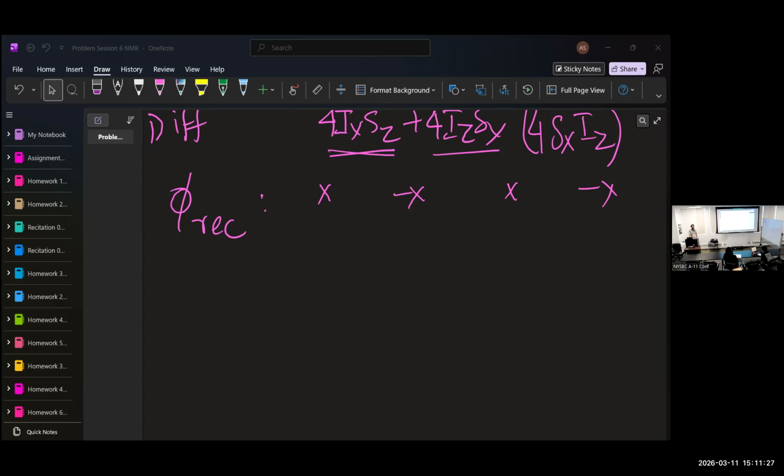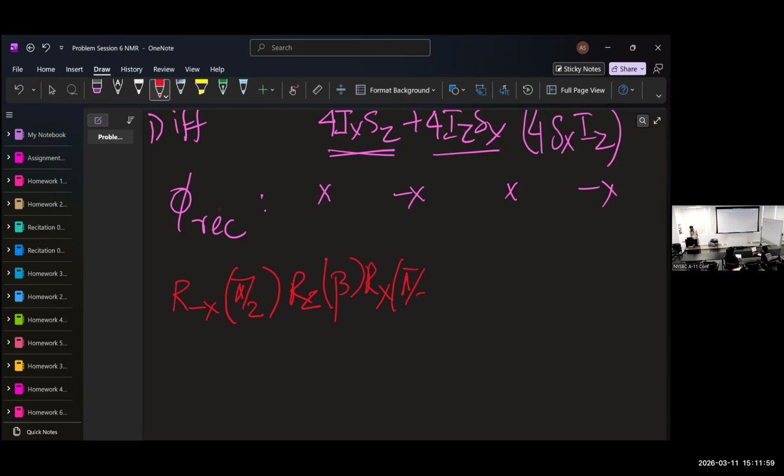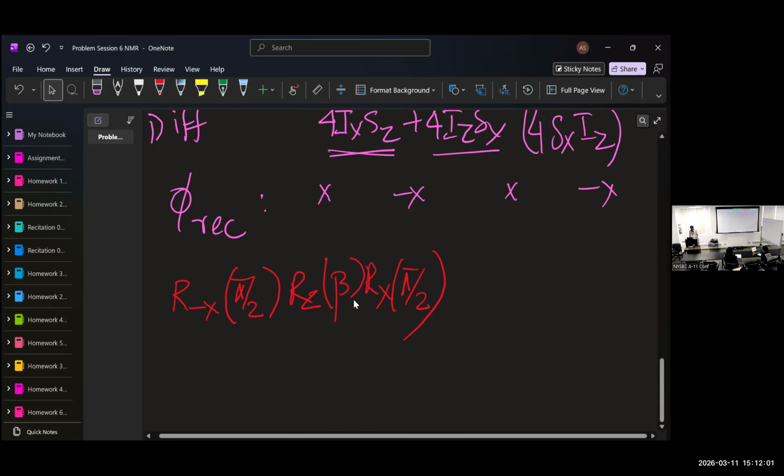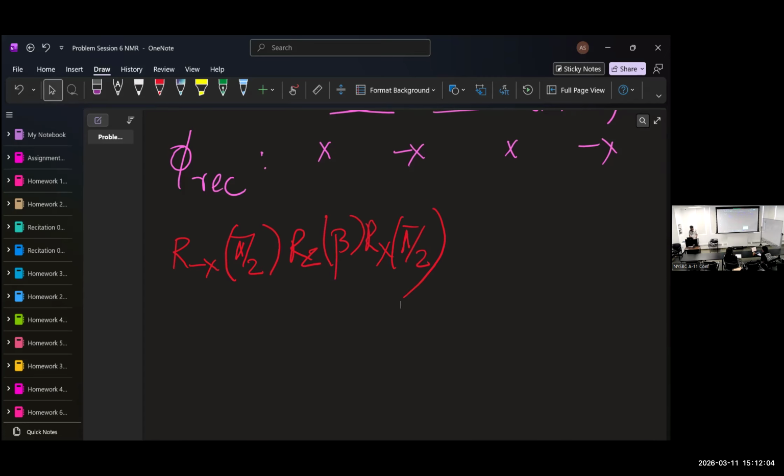Any ideas on how to do that? I need to prove that this is equal to that.